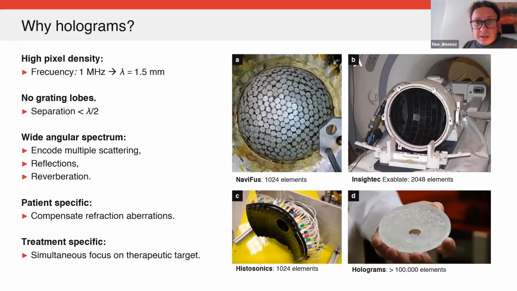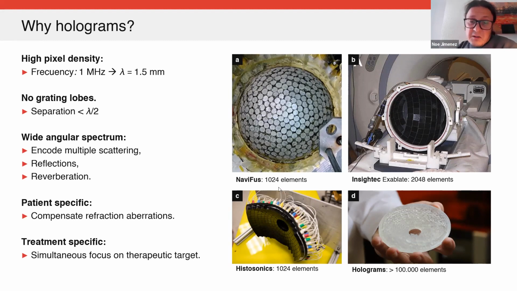If we look at how these therapeutical devices that are right now in the market look like, most of them are probably piezoelectric, very big elements. The separation of these elements, because they are very big, is more than half a wavelength, and they will suffer from grating lobes when you try to steer really far away from the geometrical center.